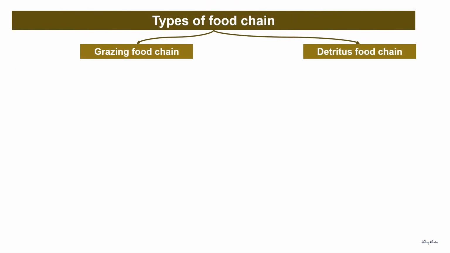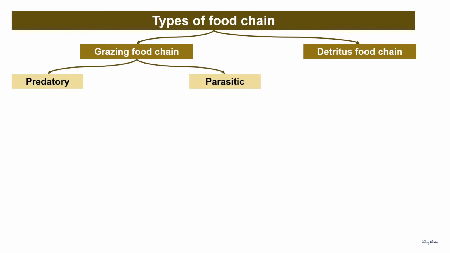There are 2 types of food chains, grazing food chain and detritus food chain. Grazing food chain consists of predatory food chains, which involve the predation relationship between the prey and predator. The second type of grazing food chain is parasitic food chain, which involves the parasite.